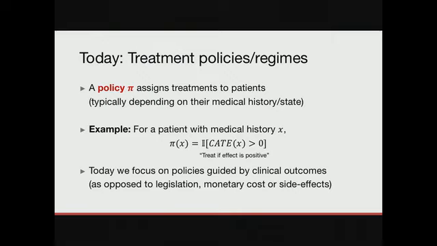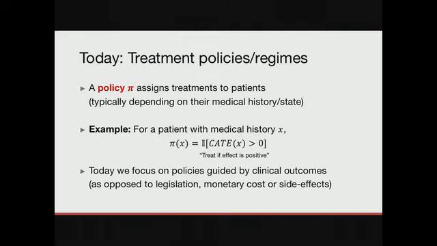And one very natural policy is to say pi of x is equal to the indicator function representing if this CATE is positive. So if the effect is positive, we treat the patient. If the effect is negative, we don't. And of course, positive will be relative to the usefulness of the outcome being high. But this is a very natural policy to consider.